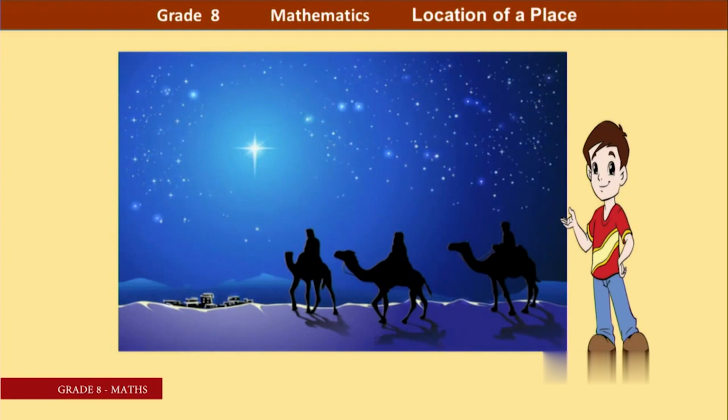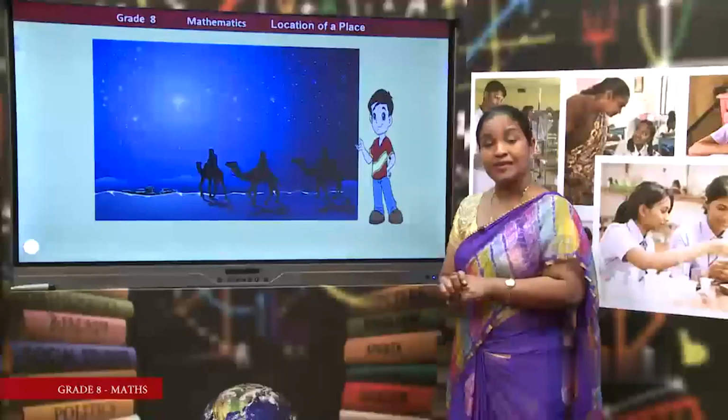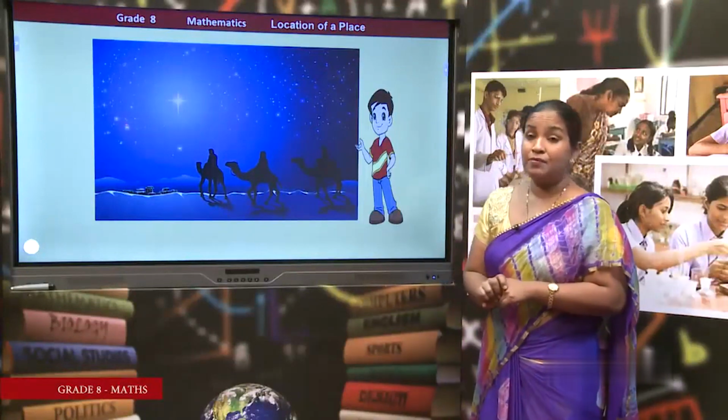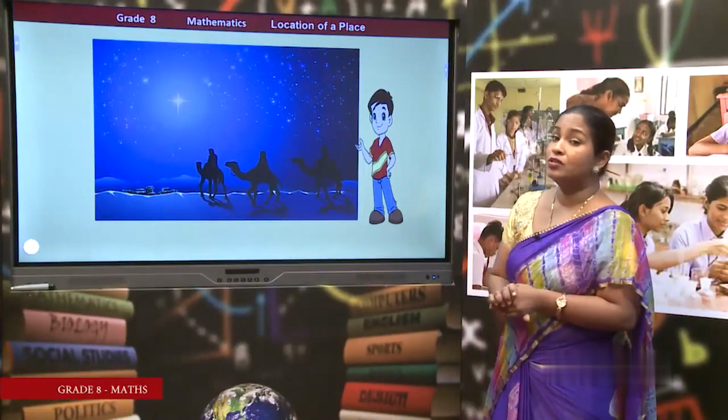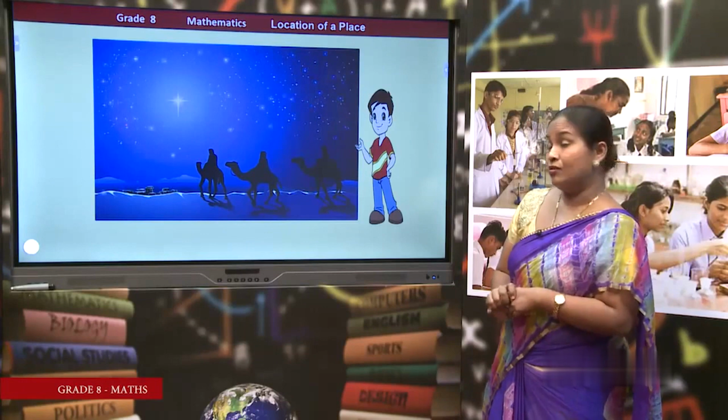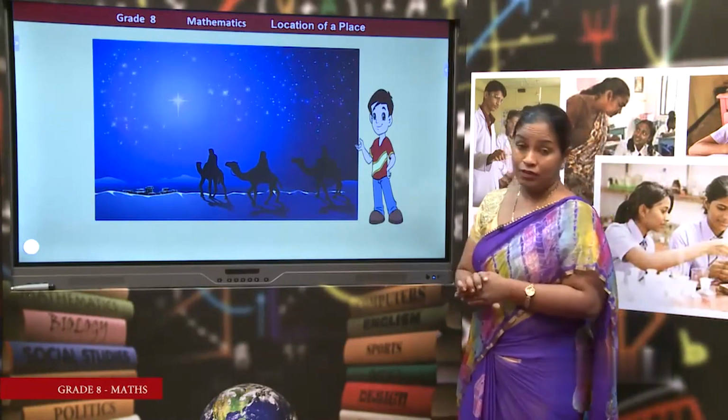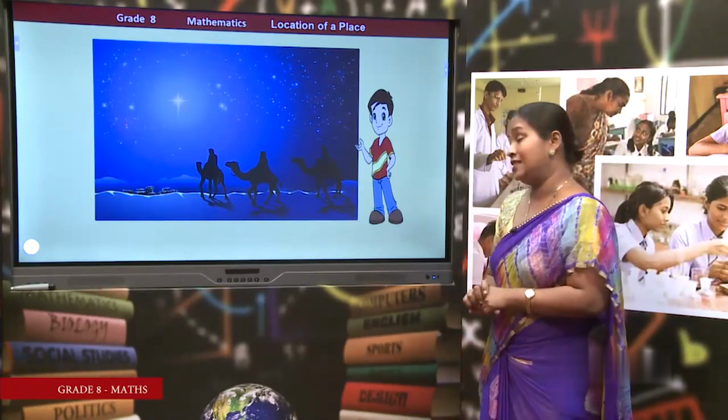Ancients used to travel in deserts using camels. They didn't travel in the daytime, they used to travel at night time. Why is that? Because the daytime is too hot and it's unable to go through the desert. So, they decided to travel during night time.